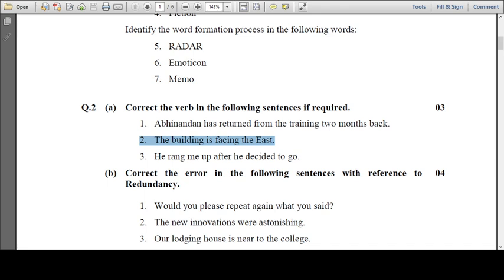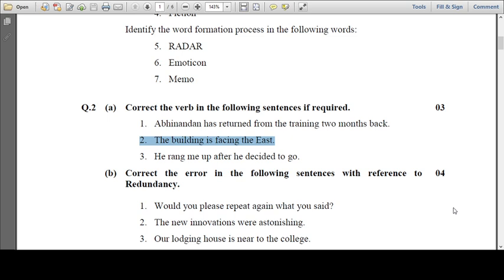The building is east facing. The building the east facing. No, Ankit Roy, your answer is wrong. Mahek Kachudia, wrong. The building is facing towards east.